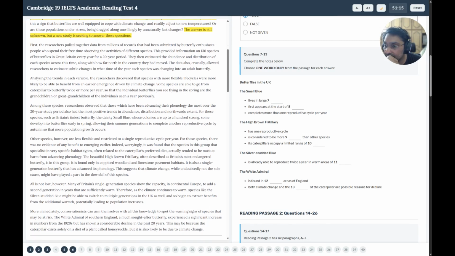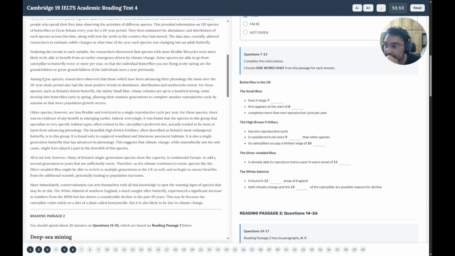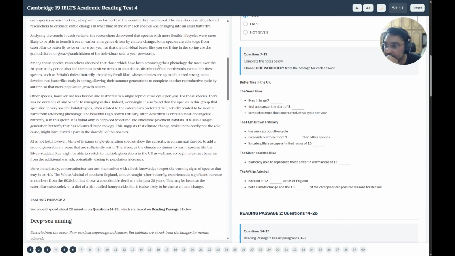Some are able to go from caterpillar in spring. Among these species are those who have advanced most, Britain's tiniest butterfly, the dainty small blue. Okay, let's highlight it. Lives in large colonies, whose colonies are up to 100 strong. So lives in large colonies.